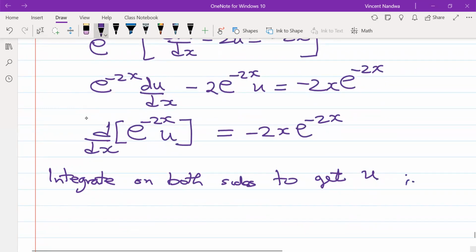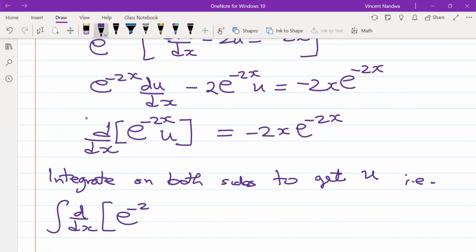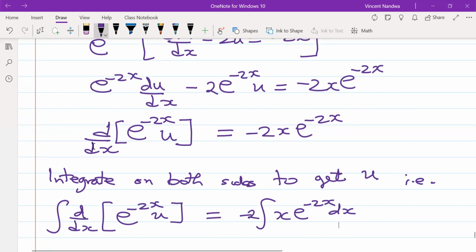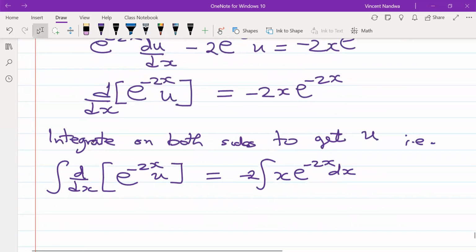So this is to say integral of d dx e power minus 2x u is minus 2x e power minus 2x dx. So when you integrate this side with respect to x, we just remain with e power minus 2x times u.